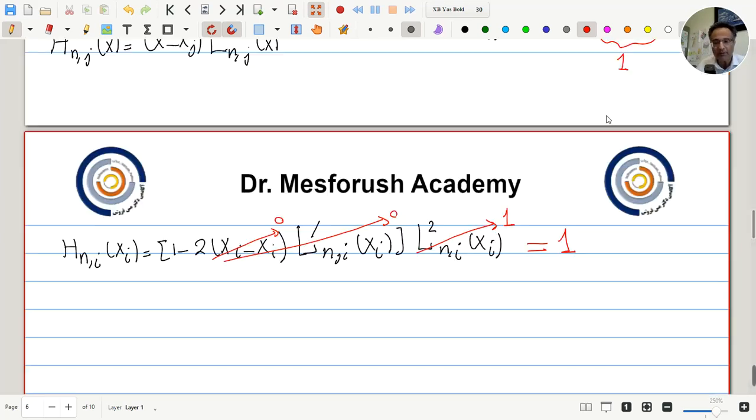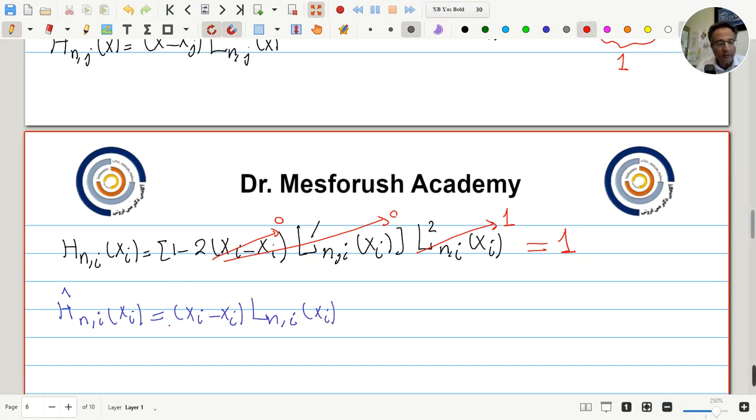Keep it. Now let me compute h hat_{n,i} at x_i. Put here, it will be (x_i minus x_i) times L_{n,i}(x_i).